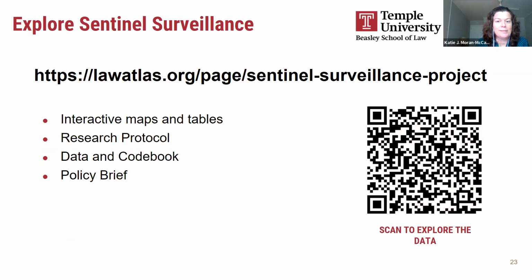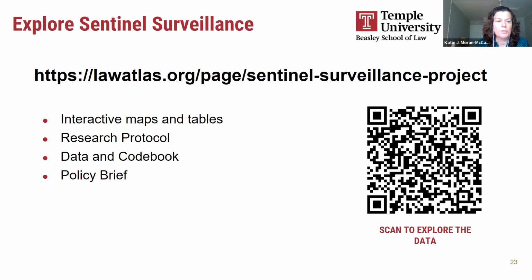So here's how you can access the Sentinel surveillance data sets that I just talked about. You can visit the webpage on lawatlas.org, or you can scan the QR code here. On the homepage, you'll find a brief description of the Sentinel surveillance process, links to these 2 data sets.